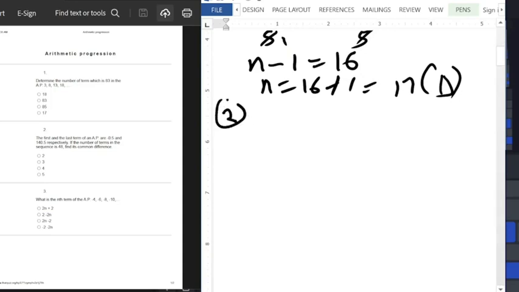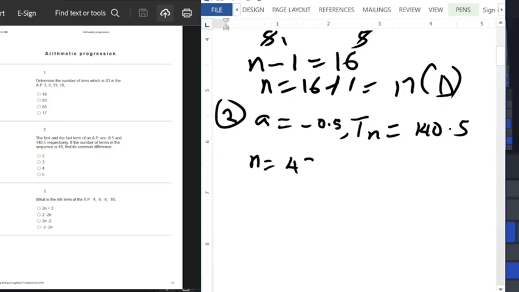Then number 2. Question 2 says the first and the last term of an AP are minus 0.5 and 140.5 respectively. So the first term A equals minus 0.5, while the last term Tn equals 140.5. If the number of terms in the sequence is 48, so n equals 48, find its common difference.